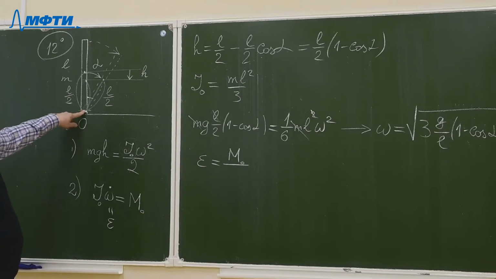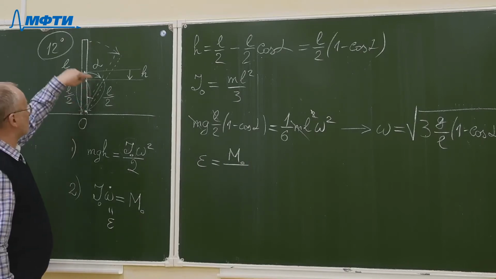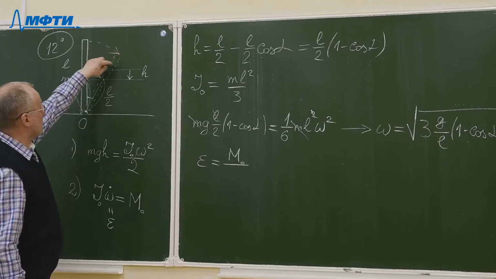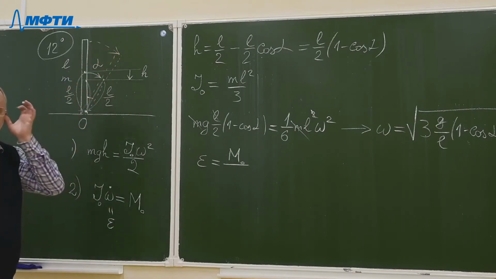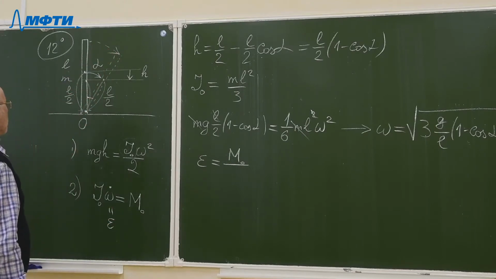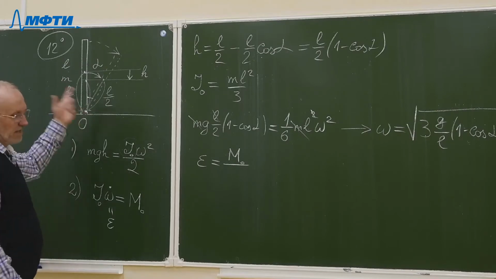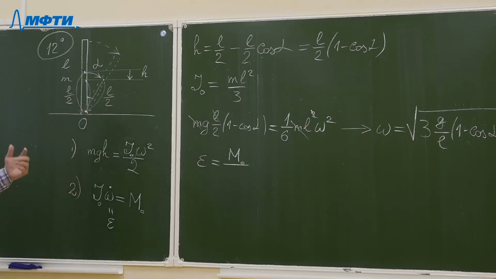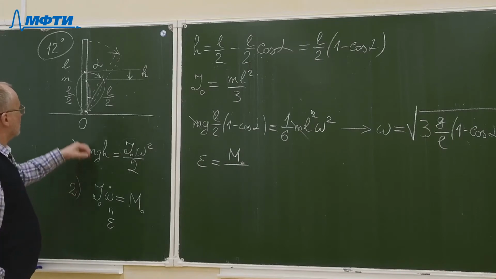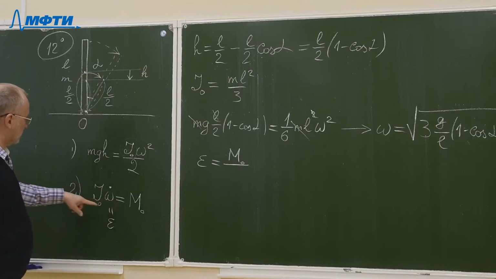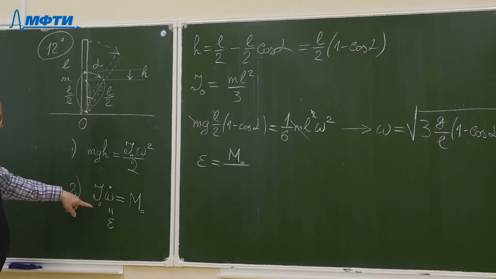It's important because if we consider different points or different axes, then the calculation of torque will be different. The total torque will differ, and the moment of inertia will be different.